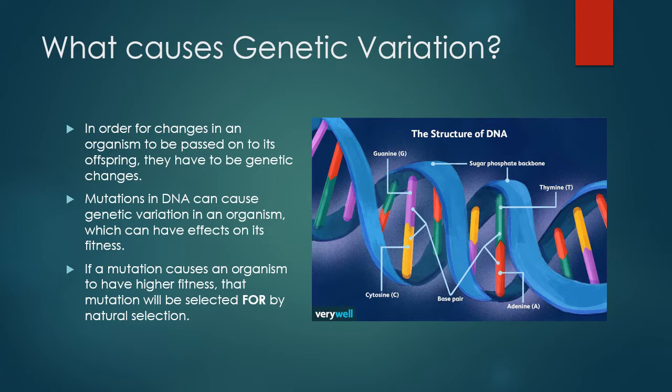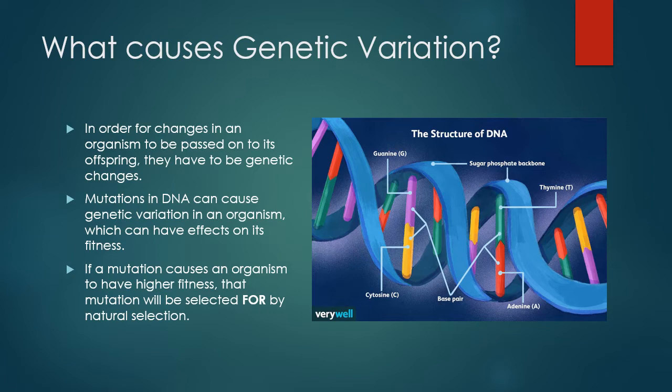All of these changes in the genes create real life consequences. You flip one base pair in your DNA and suddenly your beak's larger, right? And then you can catch different kinds of food. So we talk about that as mutations in DNA having an effect on fitness.